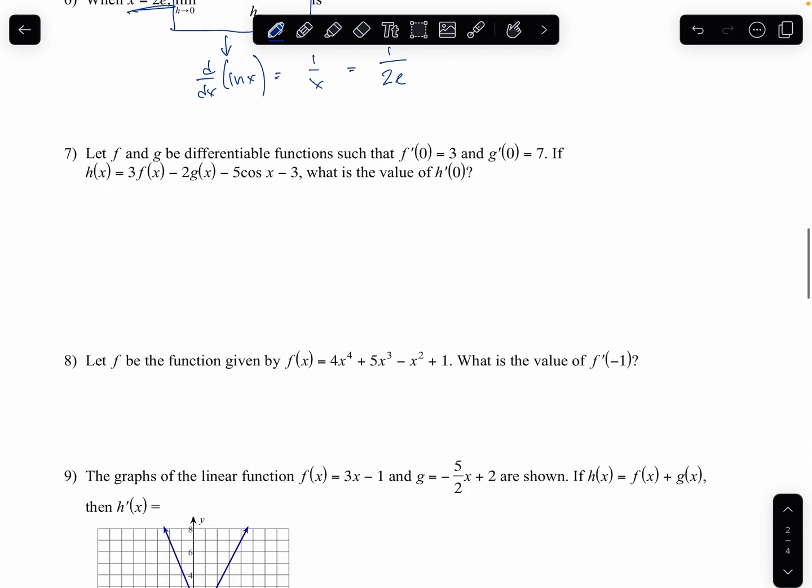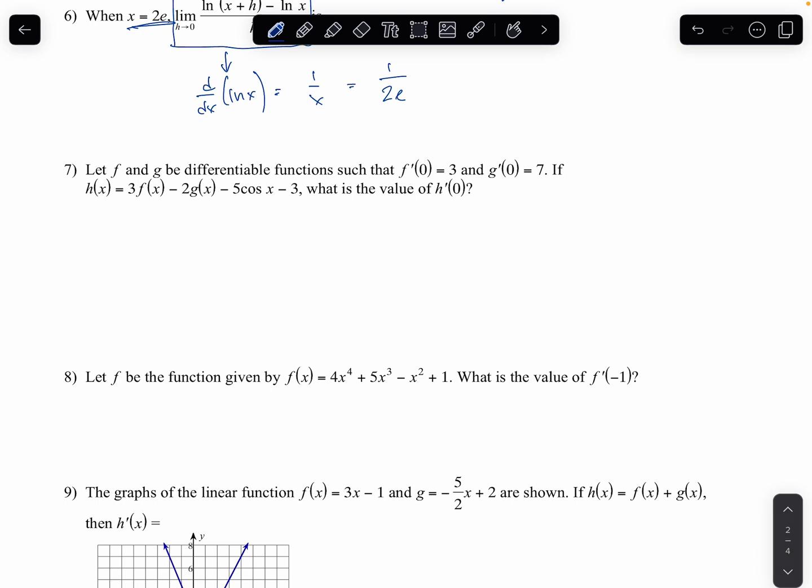Okay, let f and g be differentiable functions such that f prime of 0 equals 3, g prime of 0 equals 7. If h of x equals 3 f of x minus 2 g of x minus 5 cosine of x minus 3, what is the value of h prime of 0? So h prime of x is going to be 3 times f prime of x minus 2 g prime of x.